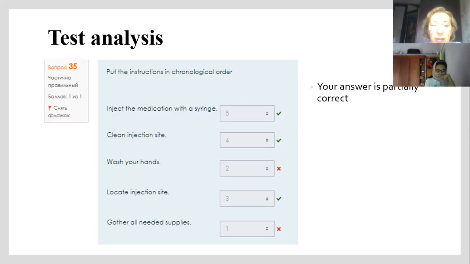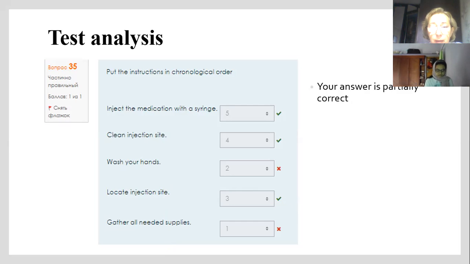Some of the students decided that you should first gather all needed supplies and then wash your hands. But I think that you should touch all the supplies with clean hands. So it's better to wash your hands first. It should be step number 1, and then you should gather all needed supplies, step number 2.